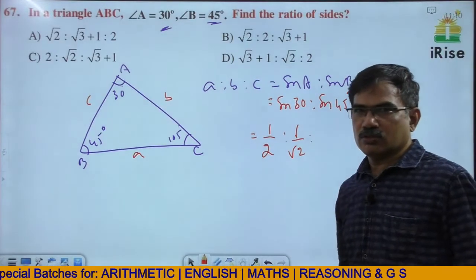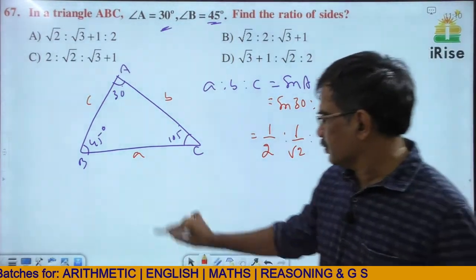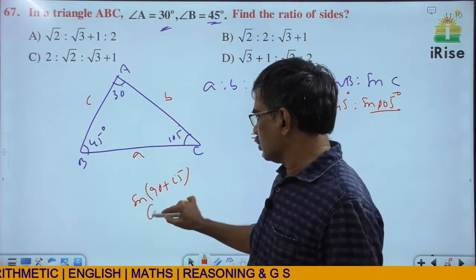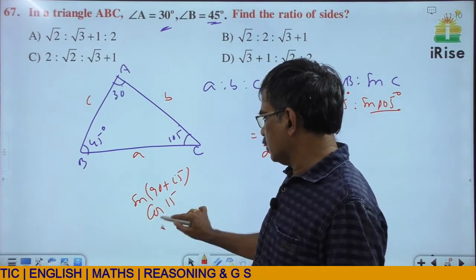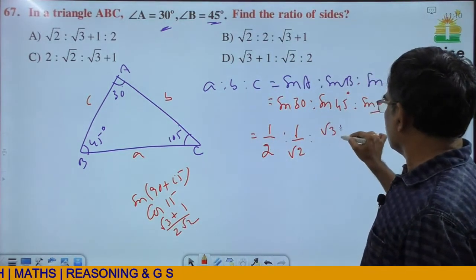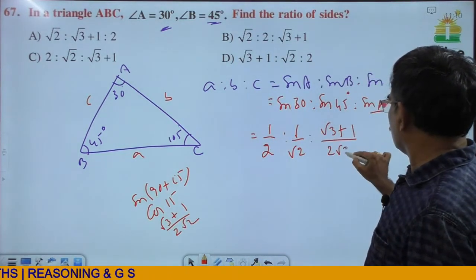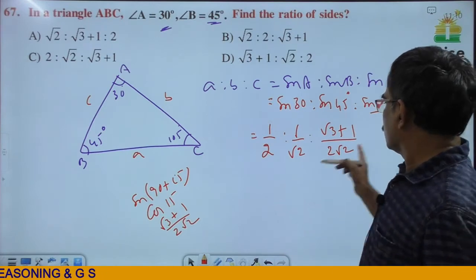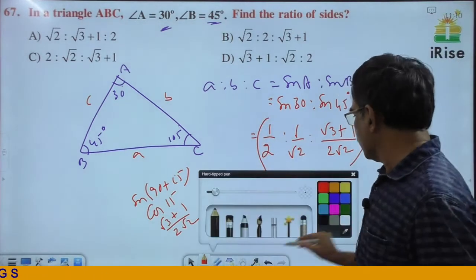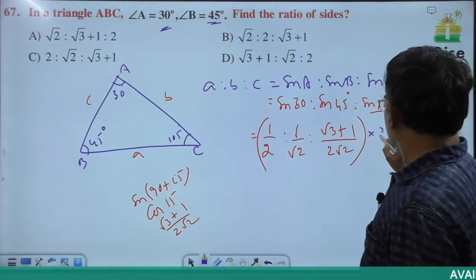In the previous question we have solved 90 plus 15. Sin 90 plus 15 is equal to cos 15. Cos 15 value is root 3 plus 1 by 2 root 2. So the total is multiplied by 2 root 2.